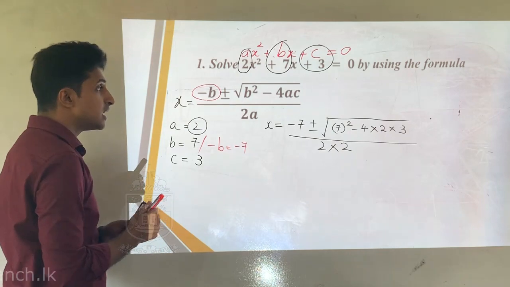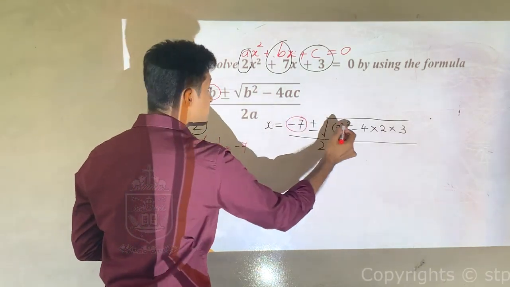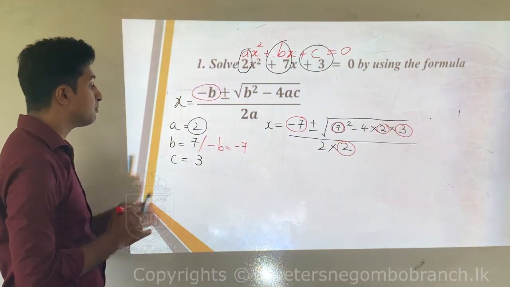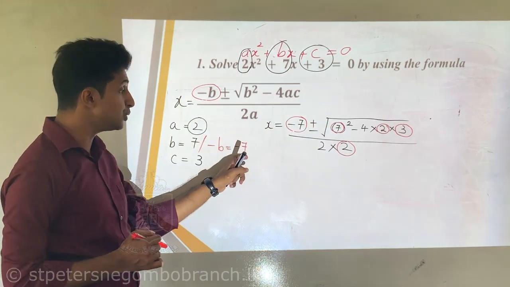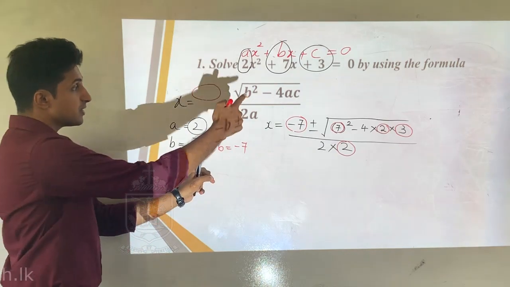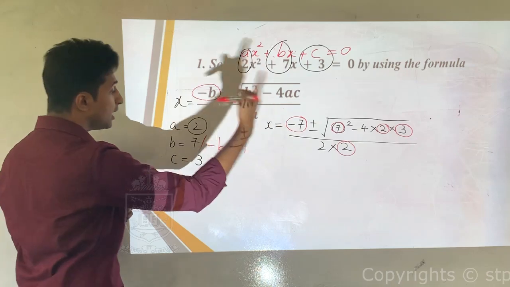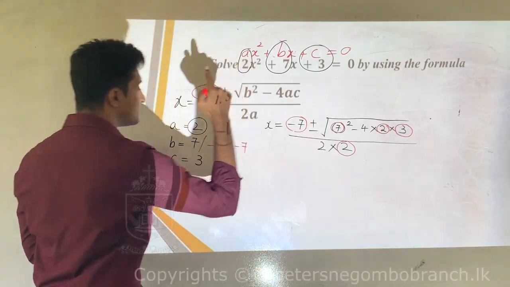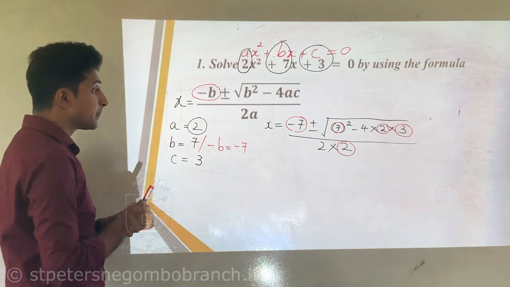What I have done, instead of b's and a's and c's, I have substituted the respective values. So minus b is minus 7 plus or minus inside the square root 7 square, that is b square. B is 7, so 7 square minus 4 into a value is 2 into c value is 3. Divide by 2 times a value is 2. I have substituted all the values for a, b and c in the given formula.